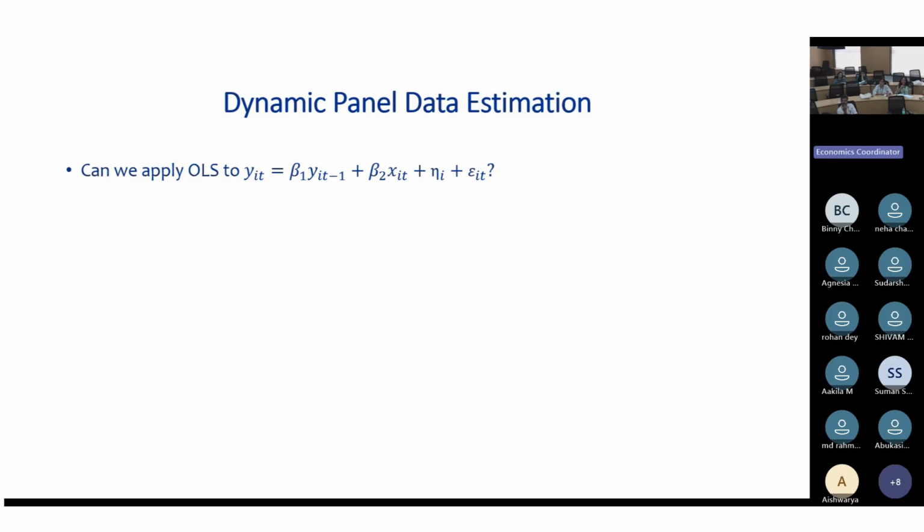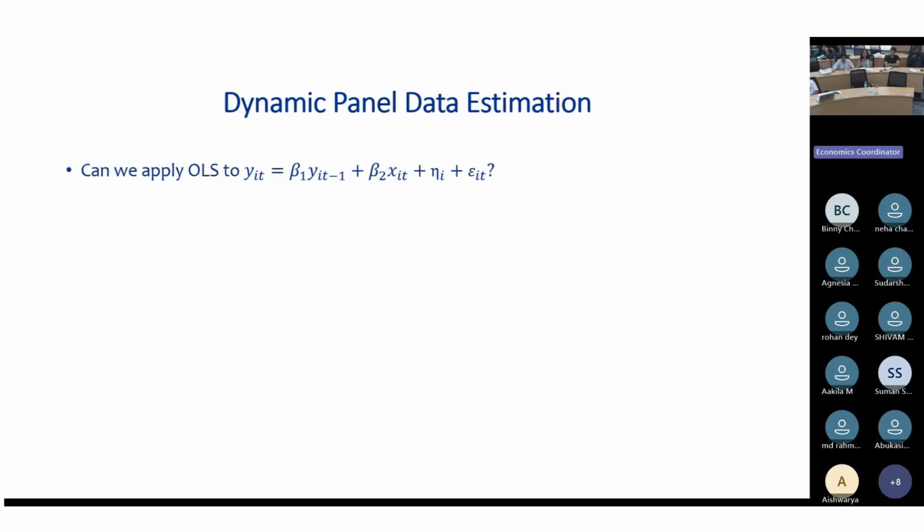Because there is one villain here, right? While everything else changes over a period of time, there is one factor, the unobserved heterogeneity effect, eta_i, which doesn't change over time. So any modeling that you do should get rid of this. So how do you get rid of this? If you want to proceed further and estimate beta 1 and beta 2, the first step should be to eliminate eta_i.